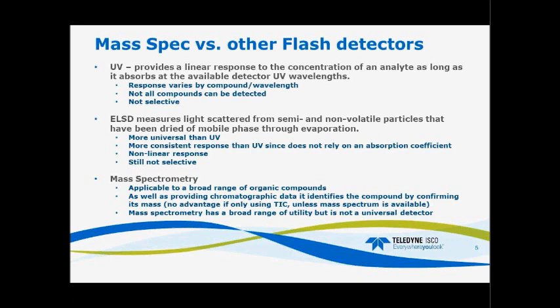Mass spectrometry, on the other hand, covers a broad range of organic compounds, but it is not a universal detector. But it provides some chromatographic data as it identifies the compound by confirming its mass.